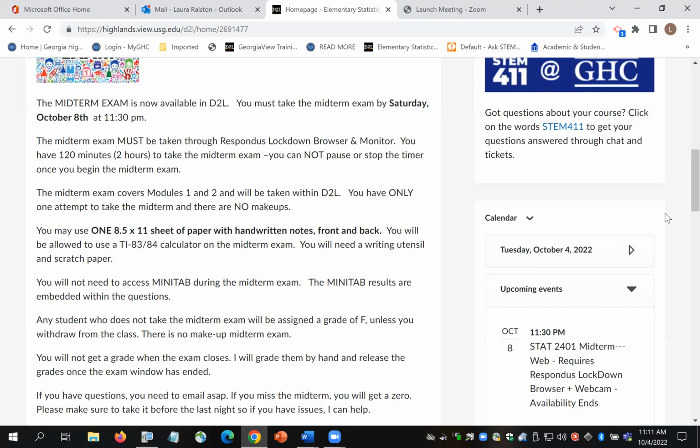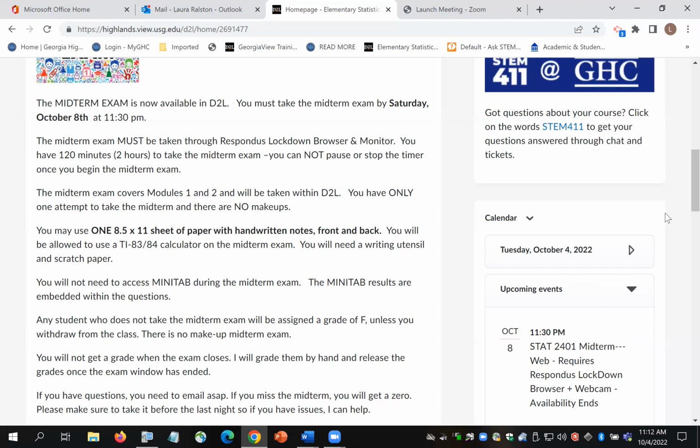The only scenario in which you would be locked out of the test is if you attempt to work beyond 11:30 p.m. on Saturday, October the 8th. Because at 11:30 p.m. on Saturday, October the 8th, it will close. It will lock you out. The door will be closed and you cannot work anymore. So that would be the only scenario, if you attempt to work beyond 11:30 on Saturday night.